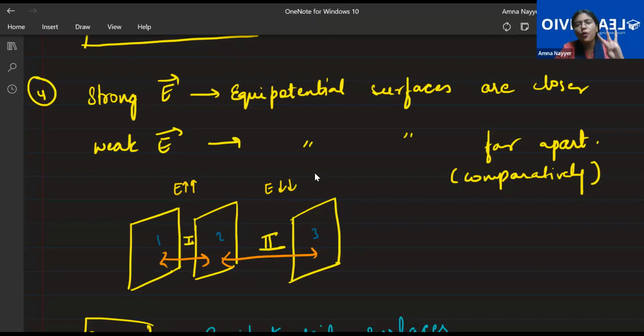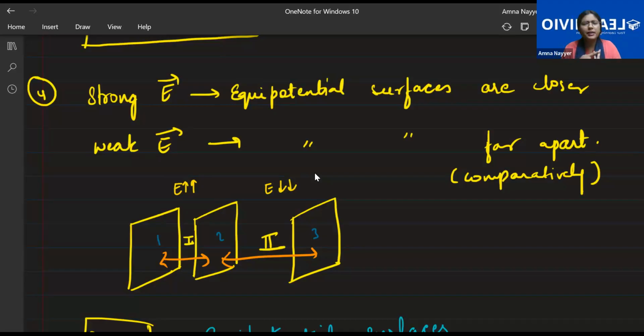So these are the 4 basic properties of equipotential surface. How do the questions come? One, I've already told you, in the form of numericals, it may mention an equipotential surface. Through that, using the properties like work done is 0, potential will remain the same, they can be helpful in your numericals. One type is this.